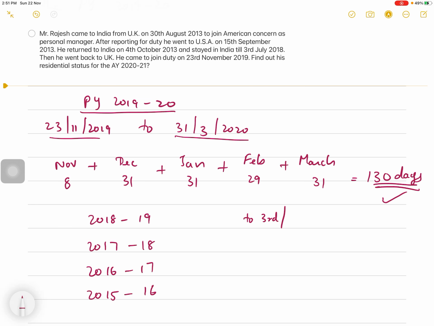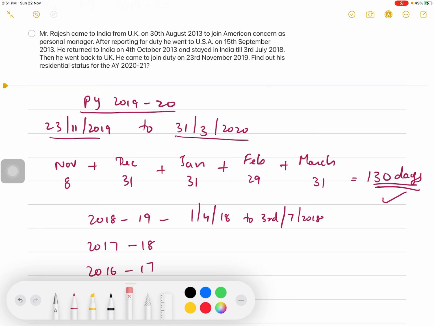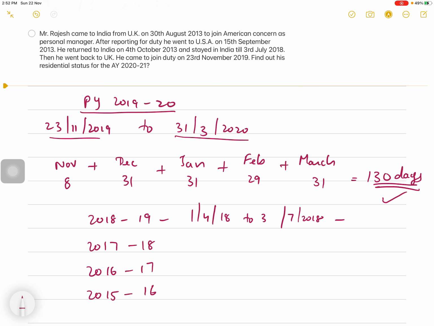Till 3rd July 2018 he was in India, from 4th October 2013. So during 18-19, from 1st April 2018 to 3rd July 2018, he was there in India. So we have to calculate.